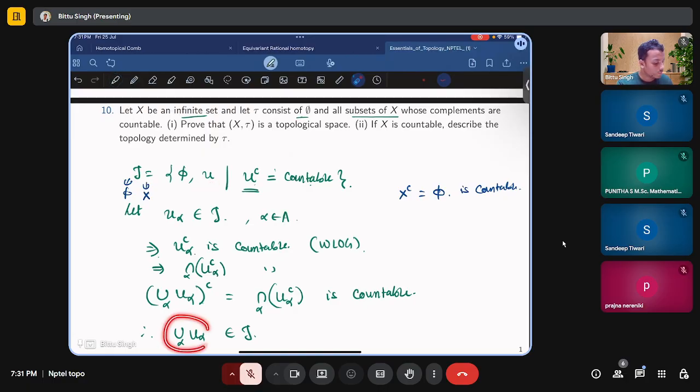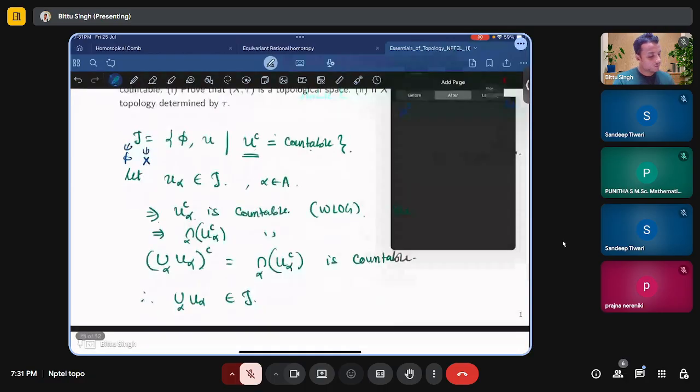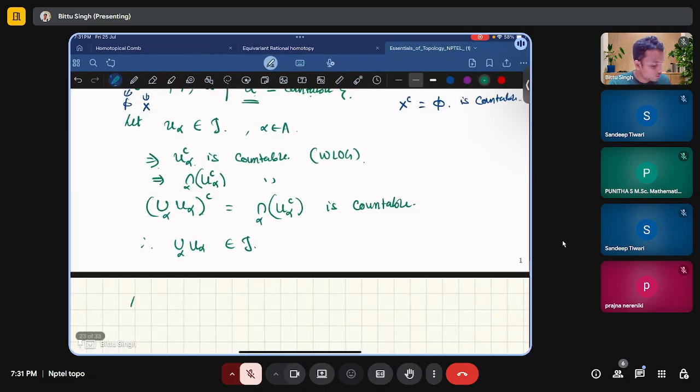Here the complement of the union is countable, so it must belong to tau. Okay, so the union of U alpha is there. There is no issue. Now we need to see about the intersection. So let u1, u2 belong to tau.